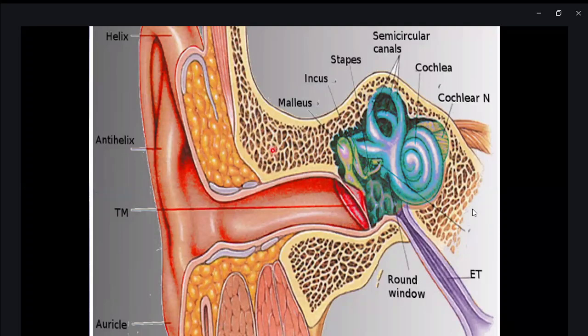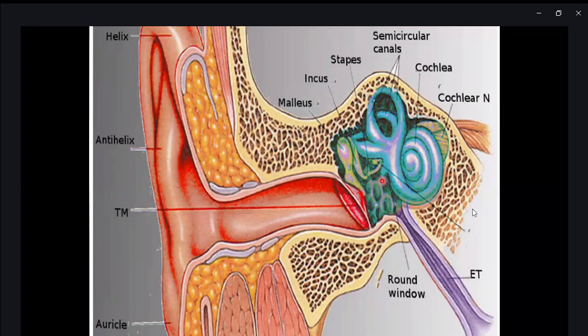Our auditory apparatus comprises the external ear, consisting of the pinna, which is to direct sound into the external auditory canal. And then we have the tympanic membrane. So this is the external ear up to the tympanic membrane.